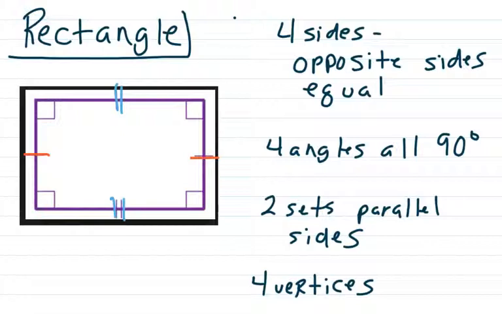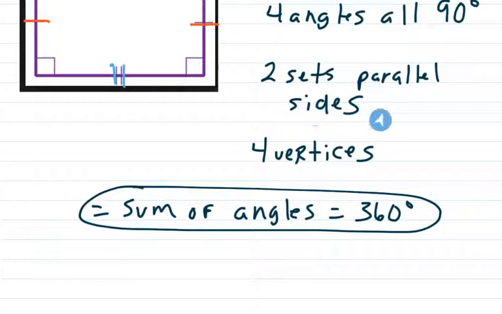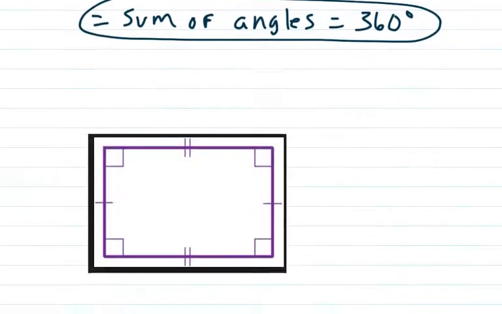And in a rectangle, which is a parallelogram that is standing up straight, now we have all 90-degree angles, two sets of parallel sides, four vertices at each corner, and the sum of all of the angles is 360 degrees.